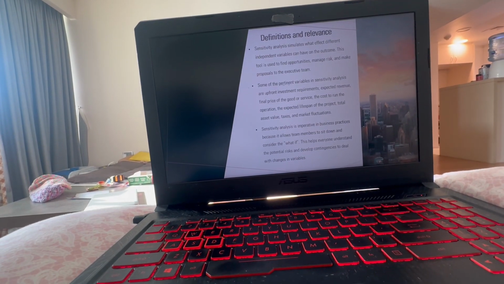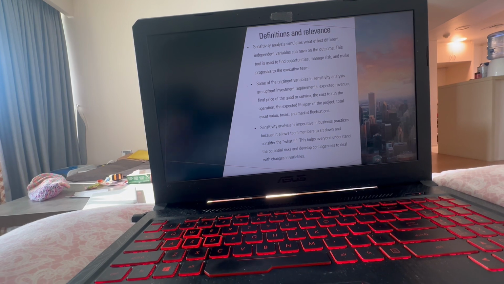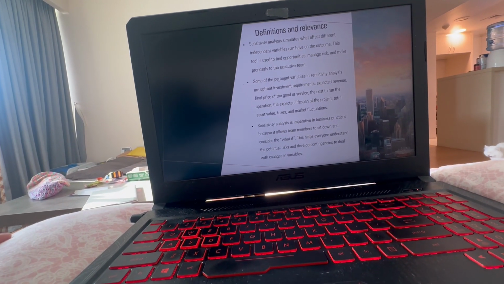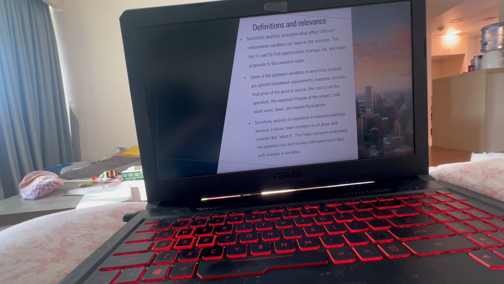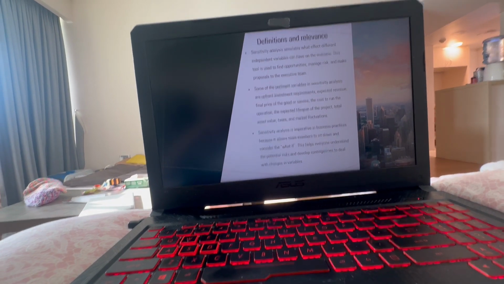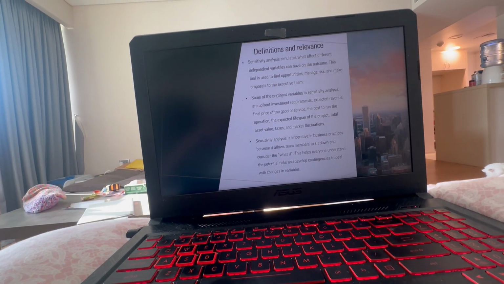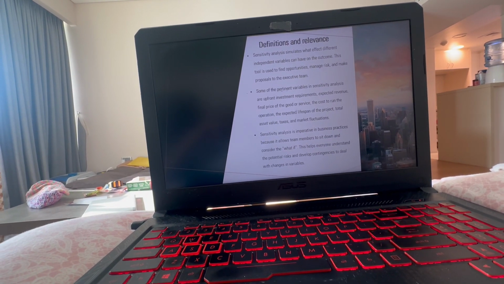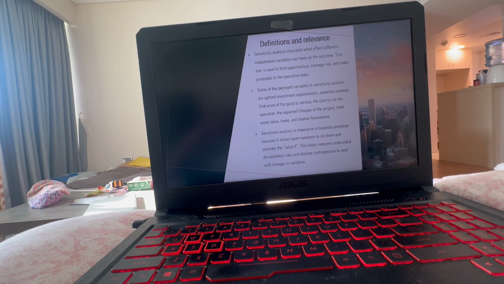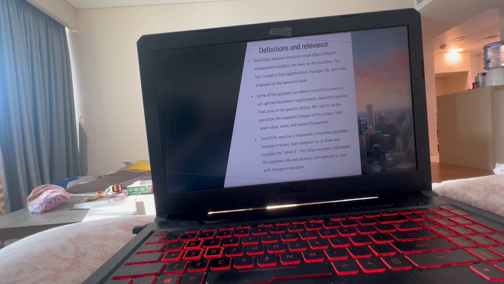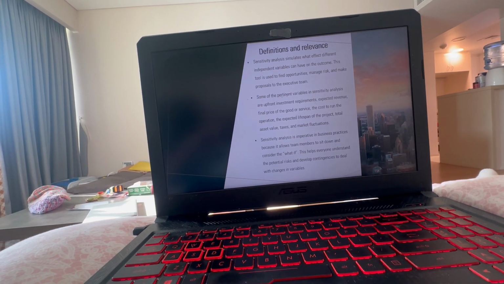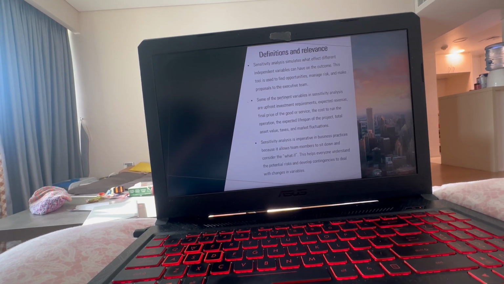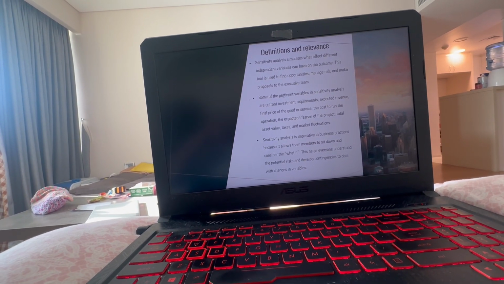So, sensitivity analysis simulates what different independent variables can have on the outcome, and it's used to find opportunities, manage risks, and make proposals to the executive team. Some of the pertinent variables in sensitivity analysis are upfront investment requirements, expected revenue, final price of the good or service, the cost to run the operation, the expected lifespan of the product, and the total asset value.